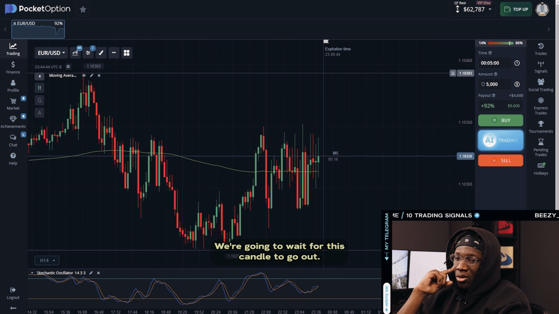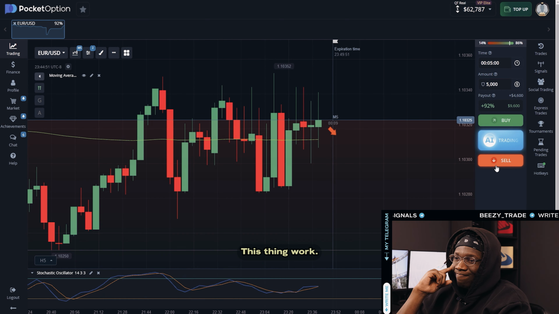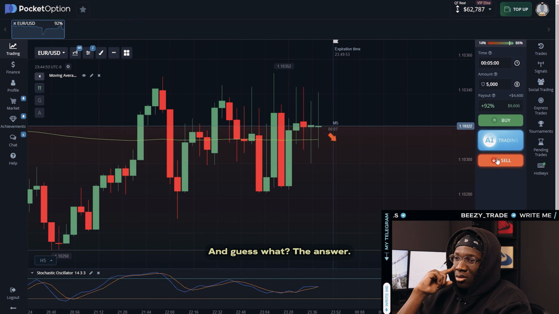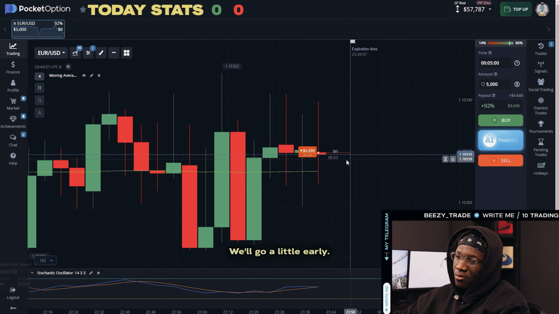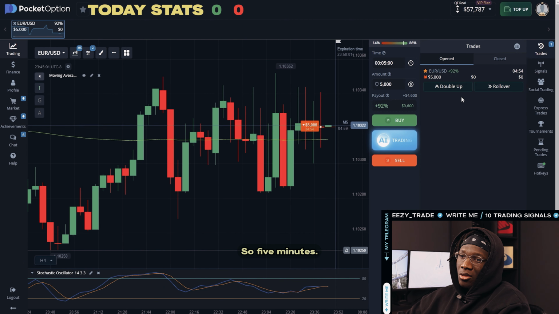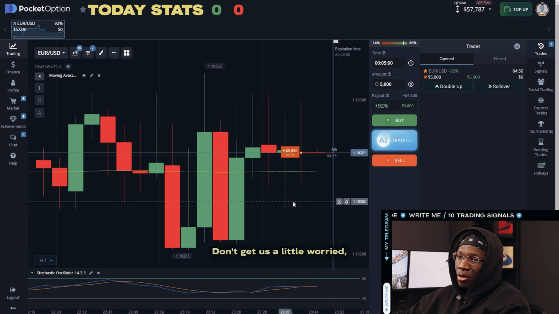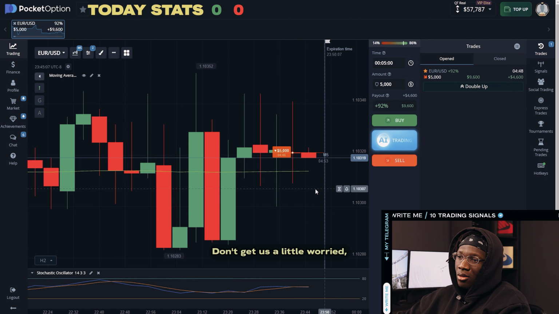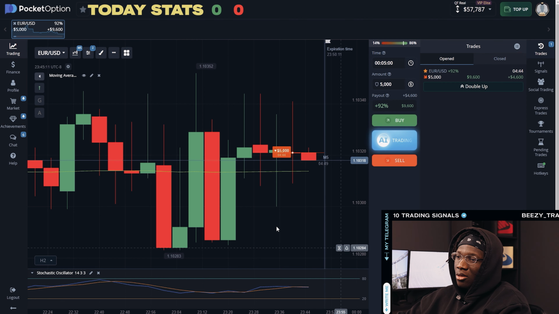We're gonna wait for this candle to go out, and once it does, that seemed like a good spot to enter. All right, we'll go a little earlier. So 5 minutes. It gets us a little worried, but I think we're gonna get it done pretty easily.